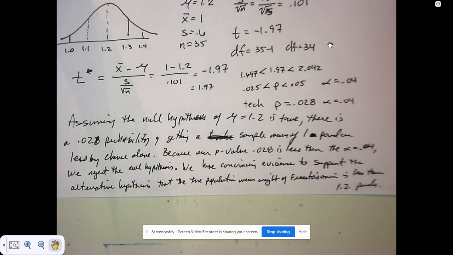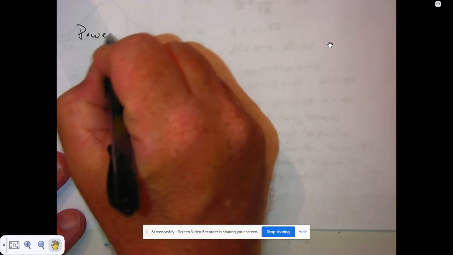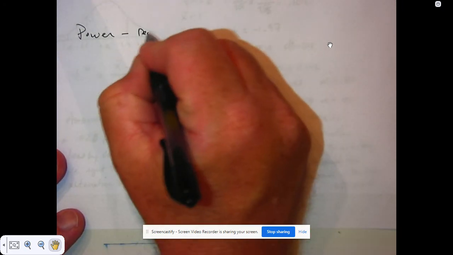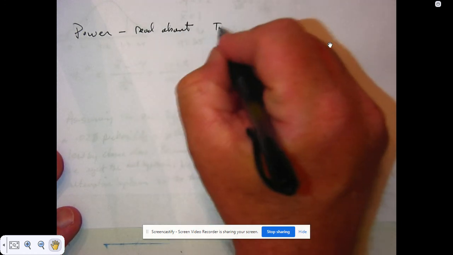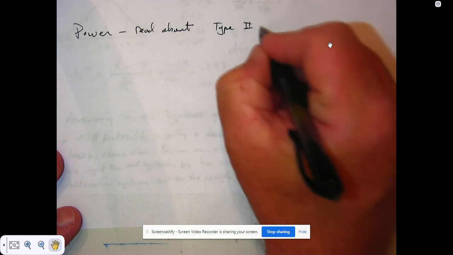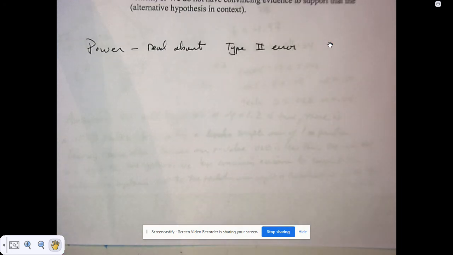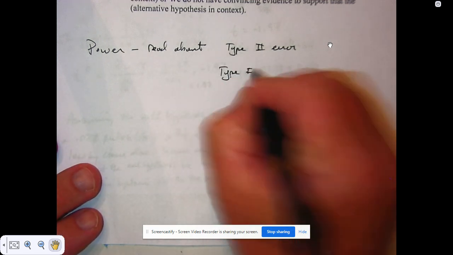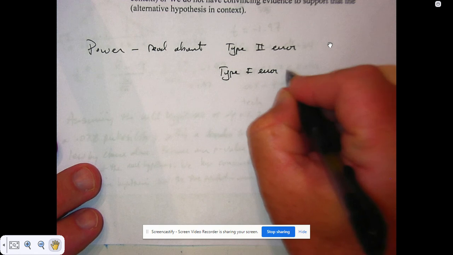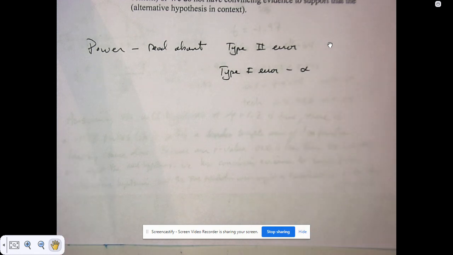Now there's a concept called power. I'll go on to that real quick. There's a concept called power that you need to read about. It has something to do with your type 2 error. Remember in 9.1 we talked about a type 1 error and a type 2 error. The type 1 error had something to do with our alpha value, okay?